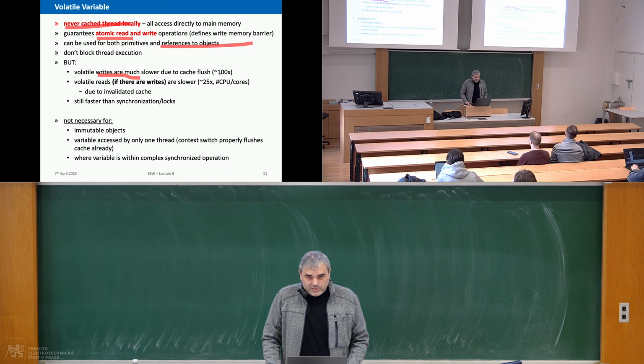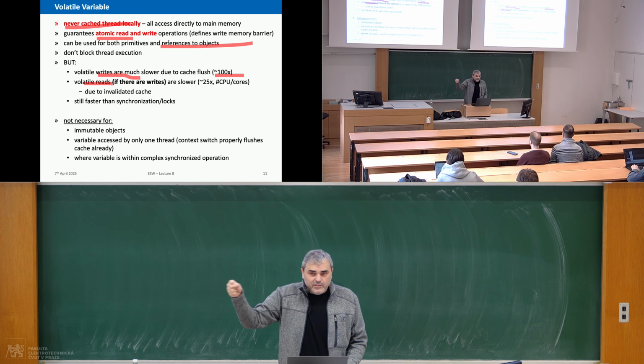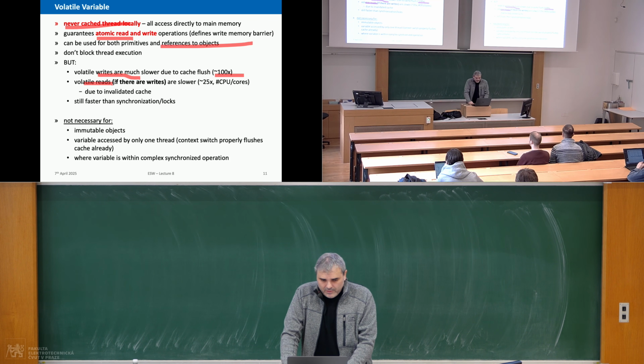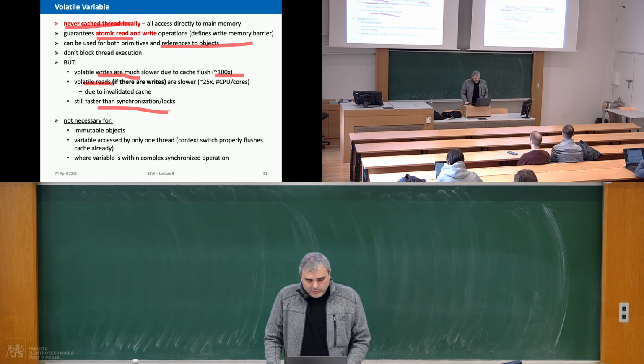Depending on the cache size and invalid data there, it could be 100 times slower, depending on the architecture. Also, volatile reads are slower because any previous write to the volatile causes invalidation of caching, and if another thread is reading the data, it has to go through all cache levels and read the actual value. But on the other hand, it's still faster than synchronization or locking.